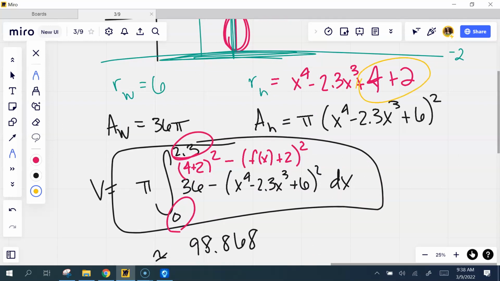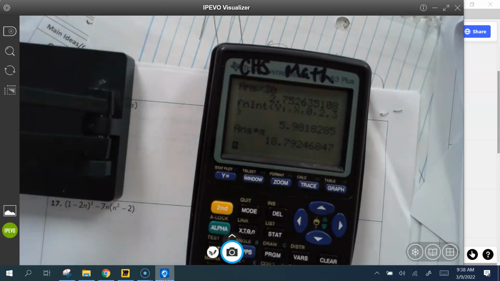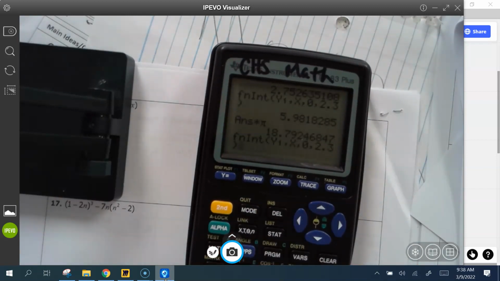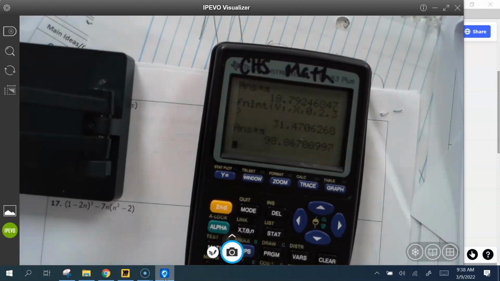I combined those two. So then all I did was the function integral of y1 with respect to x from 0 to 2.3, and now times, of course, my pi that sits out. 98.8. We're doing A. We went back to A. He didn't have to do A.